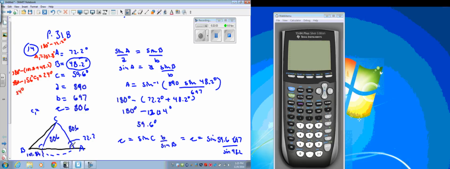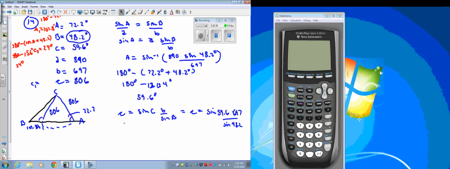That'd have to be an acute angle. And then this big one here is the 56.6, and this is the 24. So then there would have to be a C1 that would be opposite that 24.